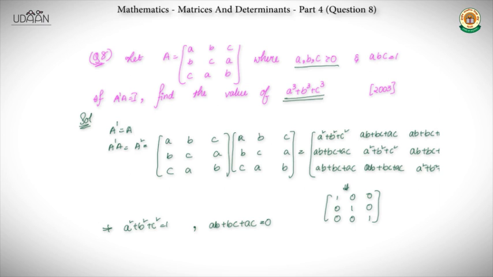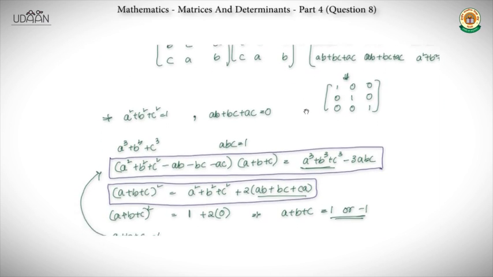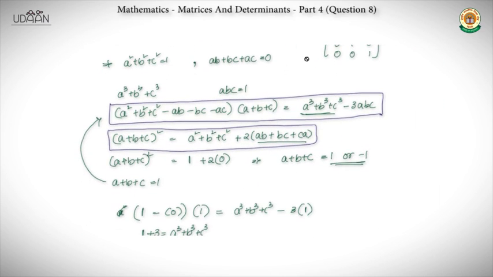Now we have learned certain identities in our 9th class, and we know the values of certain terms like a square plus b square plus c square, abc and ab plus bc plus ca. So using those values and the identities, we could directly calculate the value of a cube plus b cube plus c cube. So whenever such questions are asked, it's pretty direct to multiply, and after you multiply you can use these identities and find the value of the given expression. Alright, so that was question number 8.